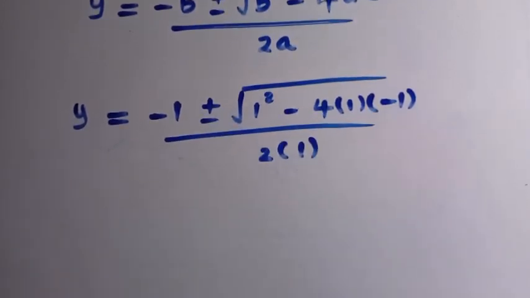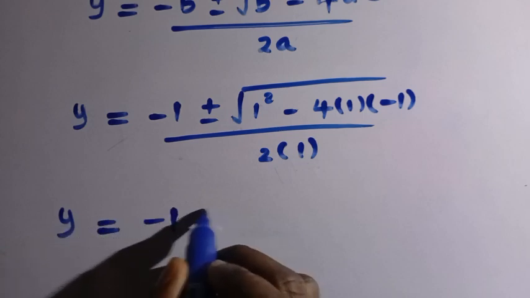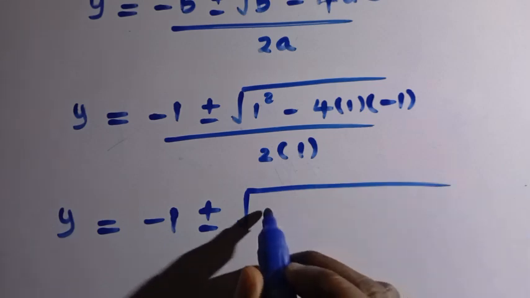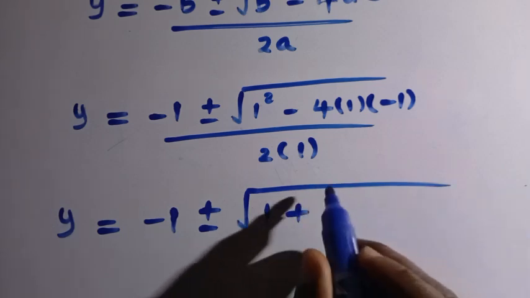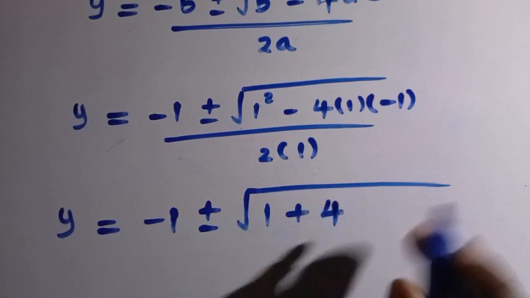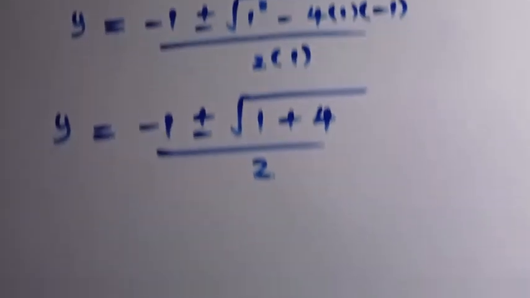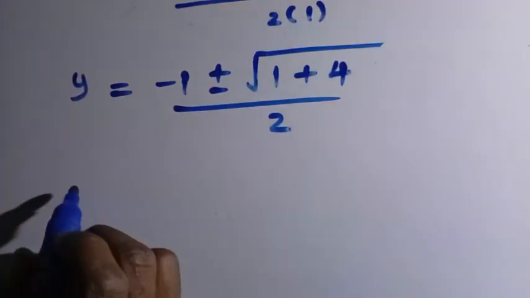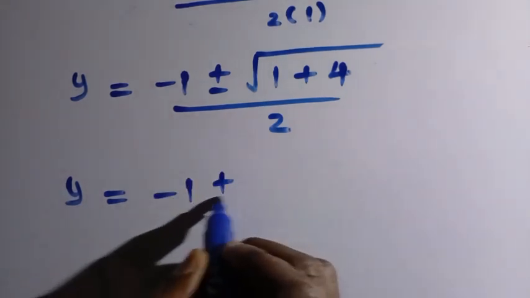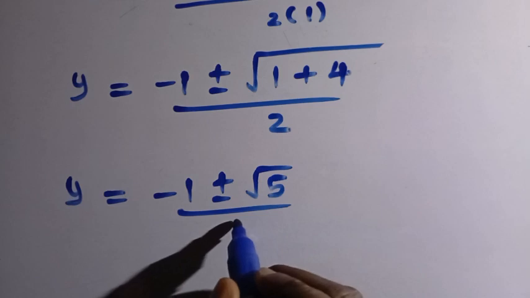And having this, we proceed by having y equals minus 1 plus or minus the square root of 1 squared, that is 1 plus, then we multiply all this together, we have 4 times 1 times 1. This gives us 4, all divided by 2. Then we have y equals minus 1 plus or minus square root of 5 divided by 2.